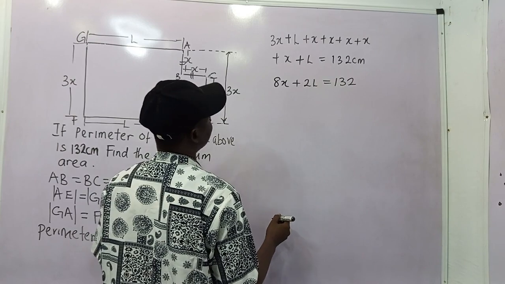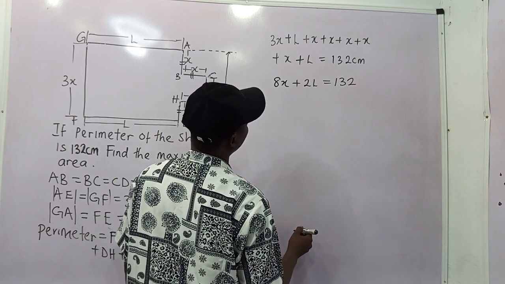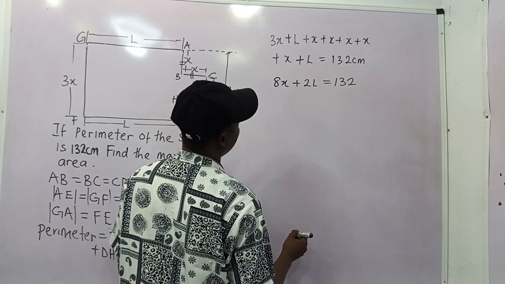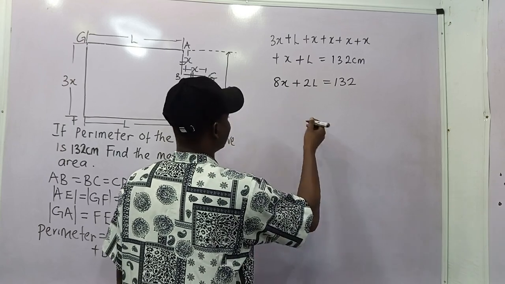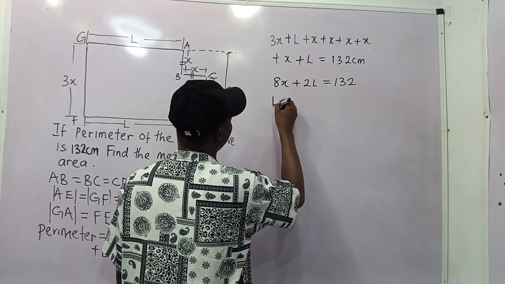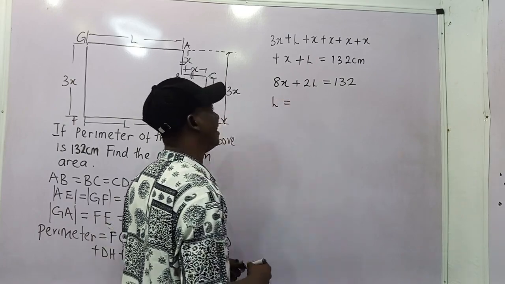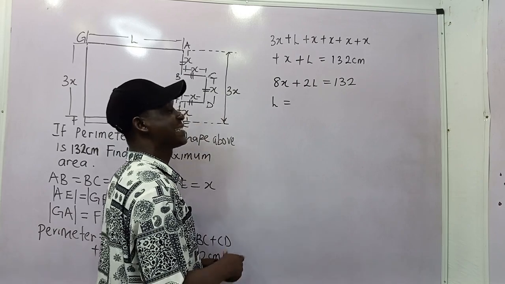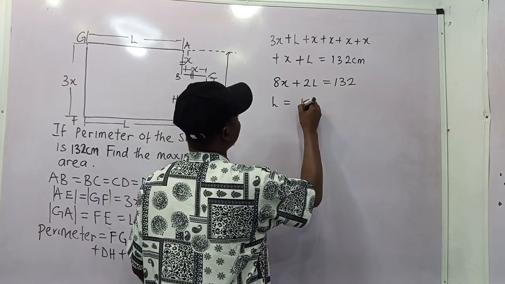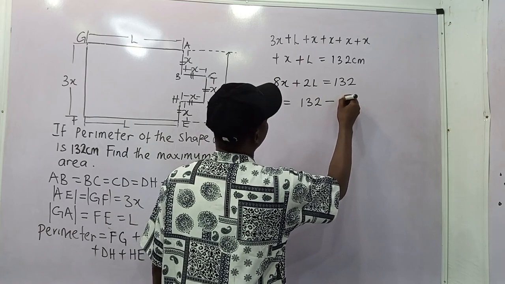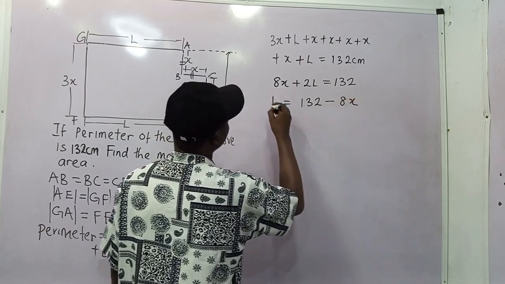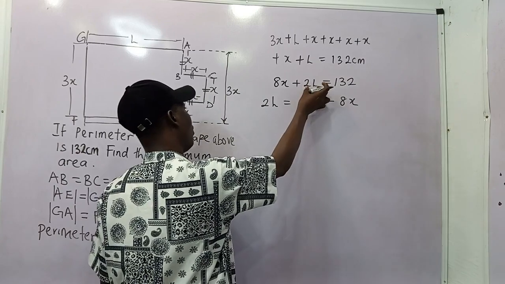So let us write our equation in terms of X, making L the subject of the formula, so we can reduce our variables to a single variable. I would have it as 132 minus 8x equal to 2L.